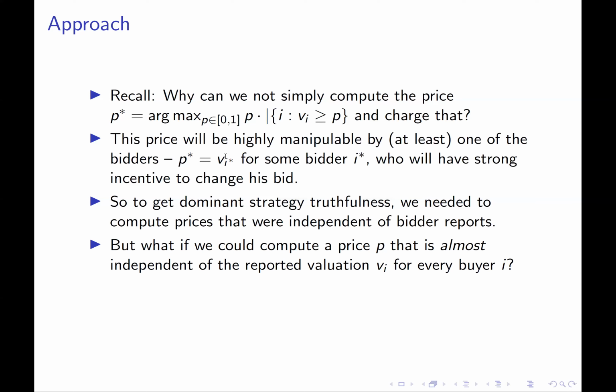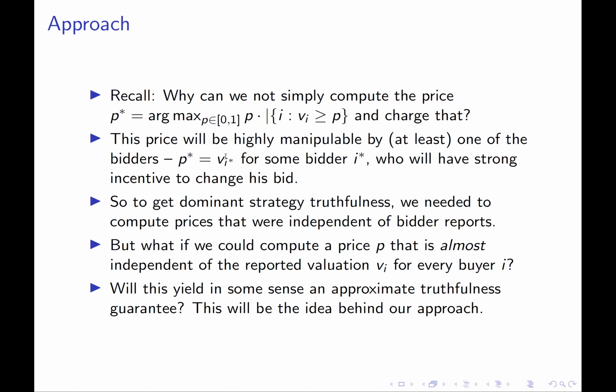what if we squint a little bit? What if we could somehow compute a price that wasn't independent of the bidder valuations, but was somehow almost independent of the bidder valuations, whatever that means? If I could compute a price that was almost independent of everyone's bid, would that somehow make the auction almost truthful?